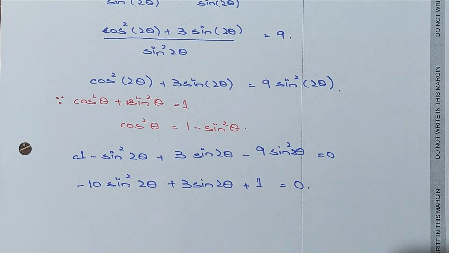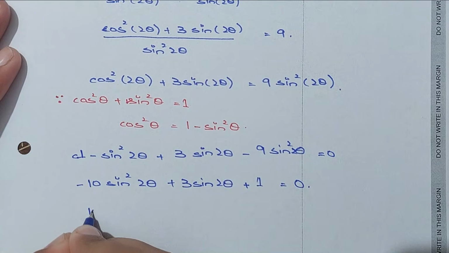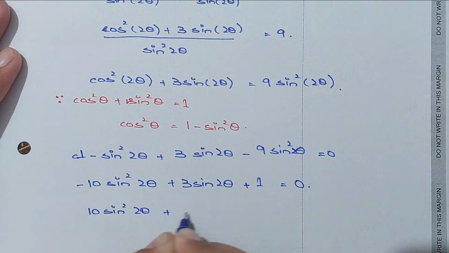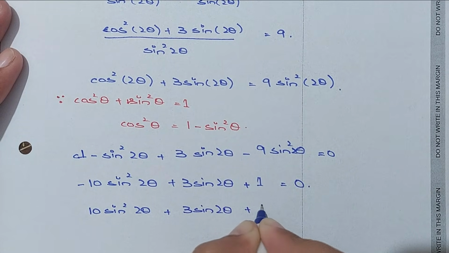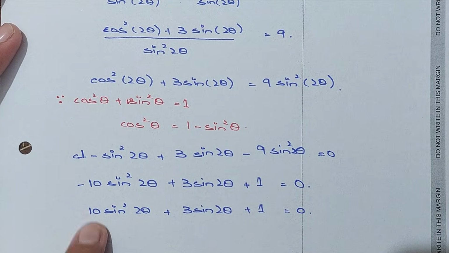Let me take the negative sign common throughout the equation. Alright, so this is 10 sine square 2 theta plus 3 sine 2 theta plus 1 equals 0. If I factorize this, we have 10 times 1 is 10.